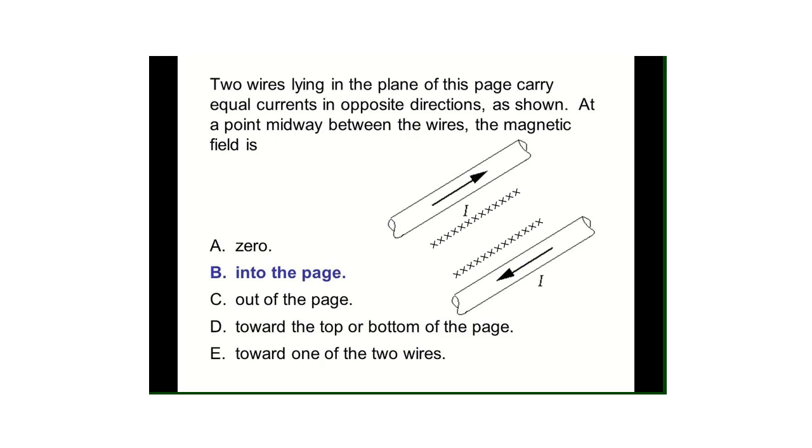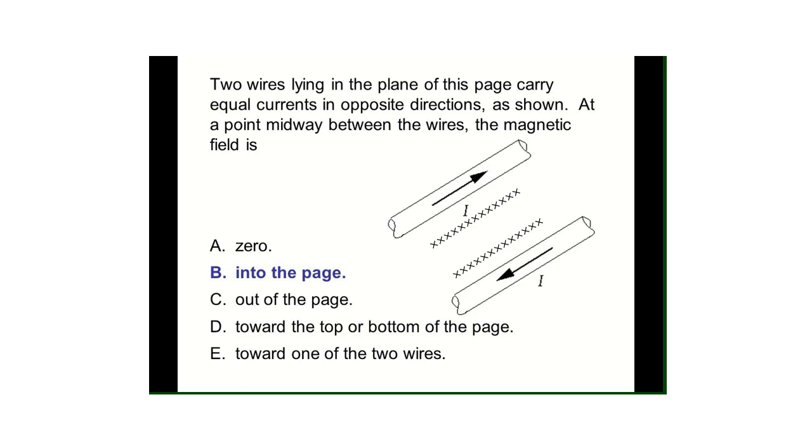If I have a case like this, with two wires lying in the plane like in this figure, and the direction is anti-parallel, the first conducting wire has current directed upward, and in the second wire the direction of current is going downward.